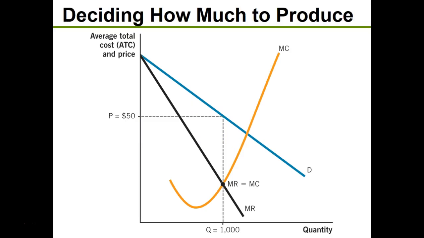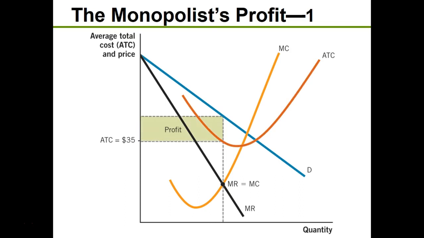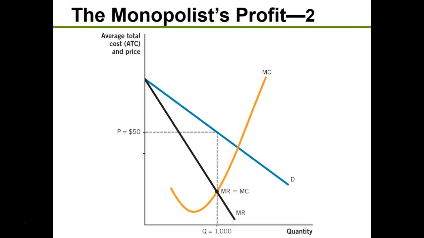Again, that would be 50 times 1,000 minus 35 times 1,000, which is 15 times 1,000, which is $15,000. So this particular profit outcome for the monopolist would be $15,000, which again we can see with that sliver of a box there.